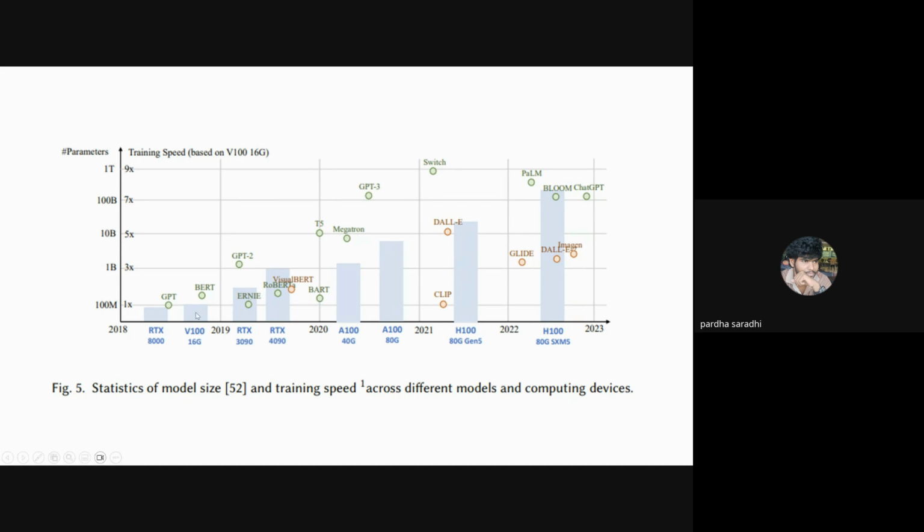We'll speak in this slide. This figure illustrates the progression of GenAI models in terms of sizes and training speeds from around 2018 to 2023.